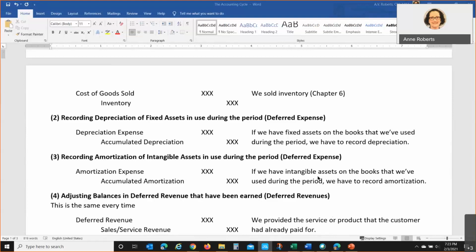Those types of assets, we're going to have to record depreciation expense on, those tangible assets that we can see, touch, taste, smell. Then there's the whole idea of amortization. We'll get deeper into that in a later chapter. But when you've got things like copyrights, I'm trying to remember what some of the other ones are.